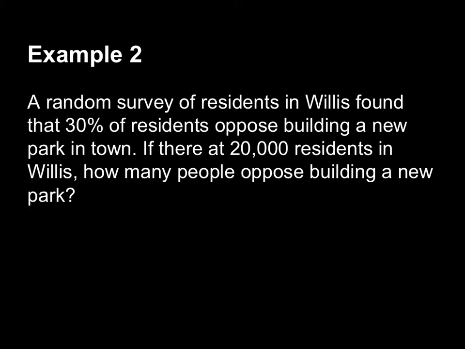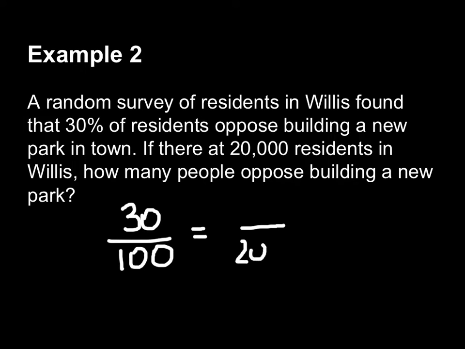In 6th and 7th grade, you learned that percents are always out of 100, so if we're going to make a proportion with 30%, we have 30 out of 100. Remember, percents are always out of 100, so 30 out of 100 people would oppose building the new park, or 30%. If there are 20,000 people in Willis, that's going to be our total, or our denominator.